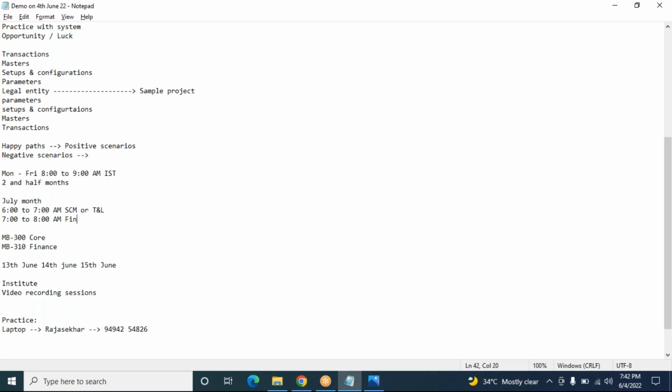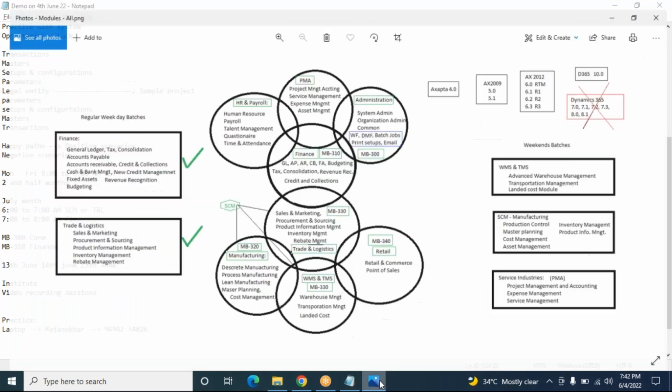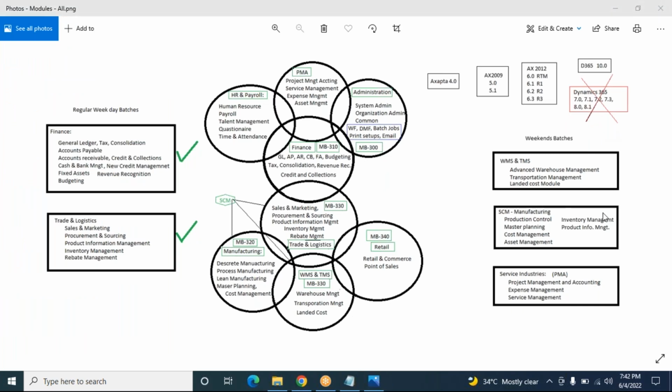Now, finance and SCM. CRM is different from SCM. See, MB310 is finance, MB320 is manufacturing, MB330 is trade and logistics, advanced warehouse management and transportation management.